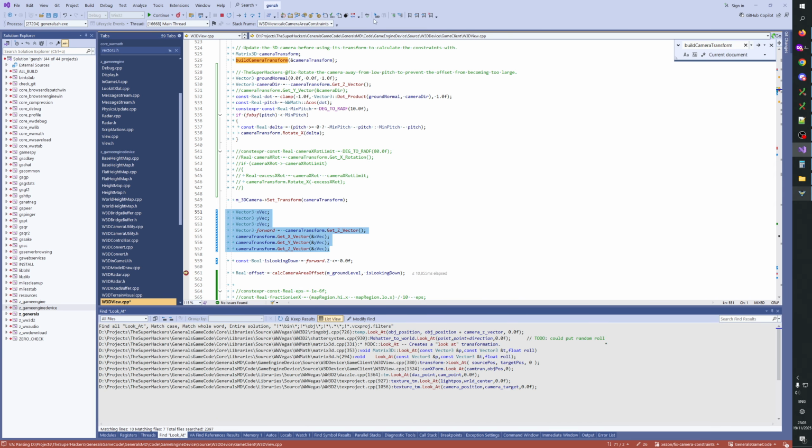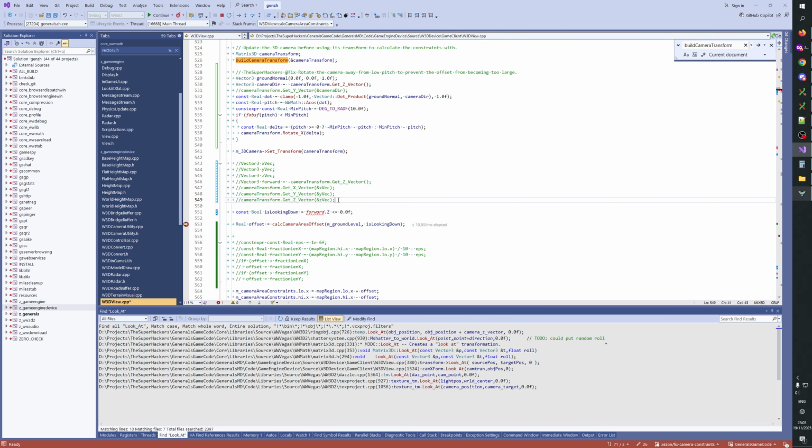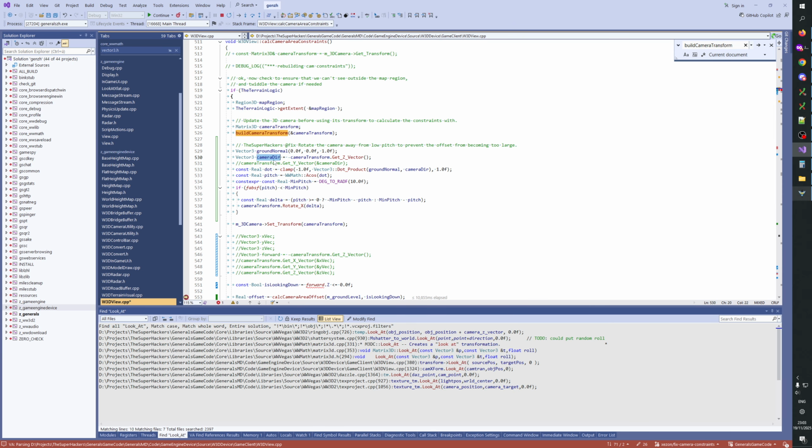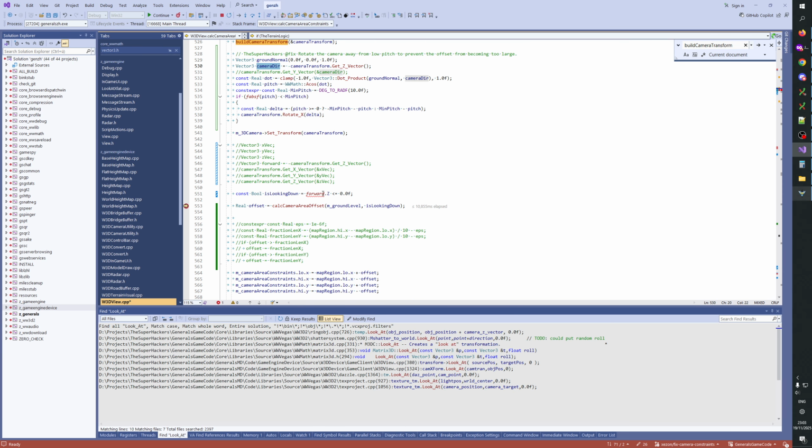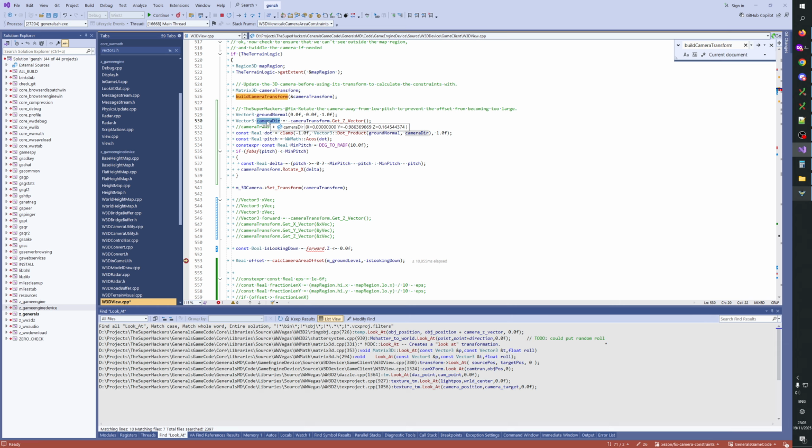Just was quite difficult. Camera there. Let's call it forward. Forwards there. Camera forwards.